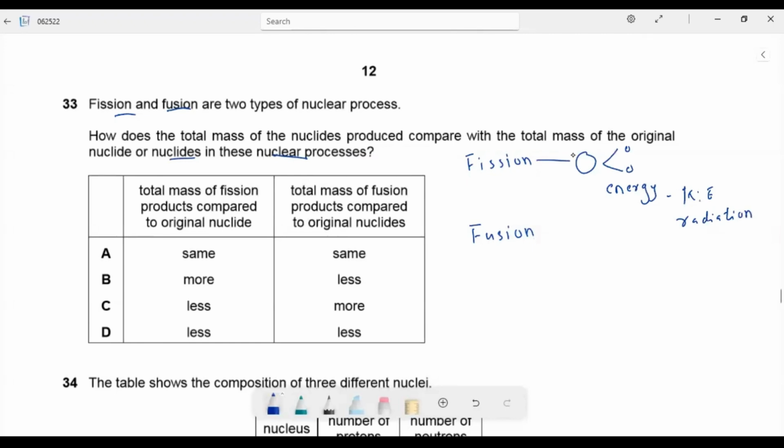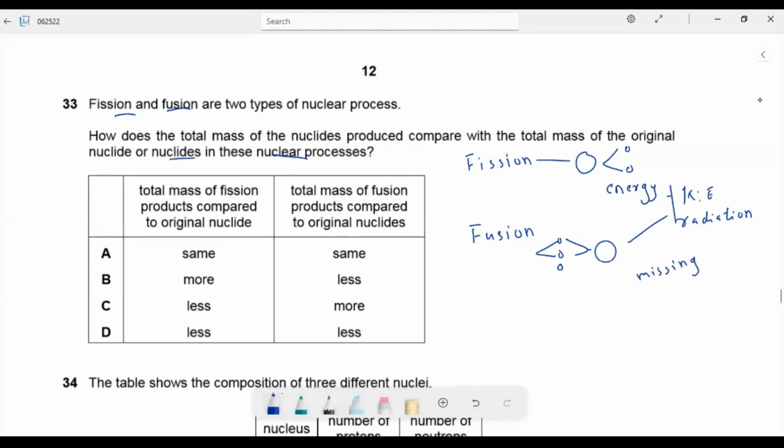In the case of fusion, two smaller nuclei combine to form a larger, heavier nucleus. Here also there will be radiation and kinetic energy. So here there is some missing mass.